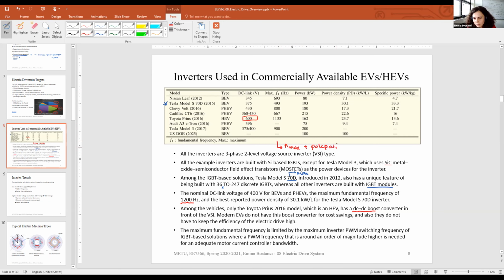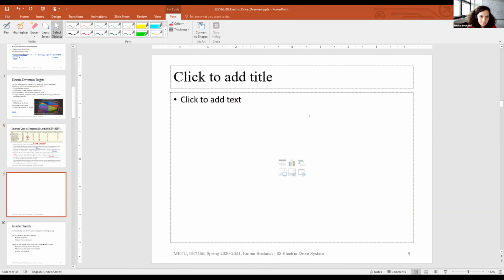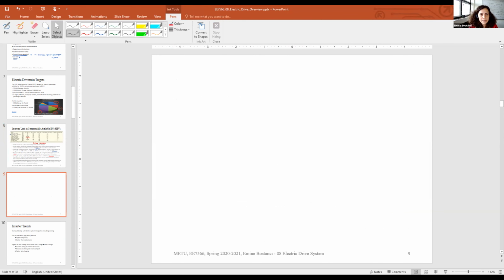So for example, let's calculate one of those fundamental frequencies. If we have a maximum speed of 15,000 RPM, and an electric machine with pole number equal to 8, this means that the pole pairs number is going to be 4.